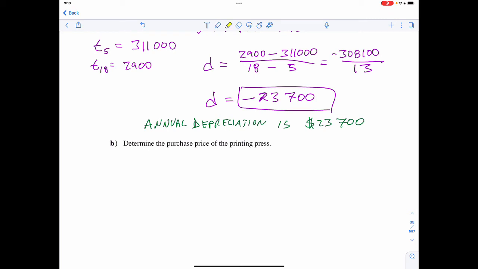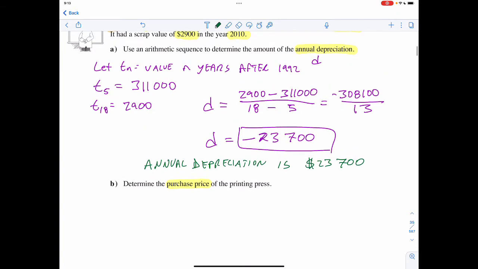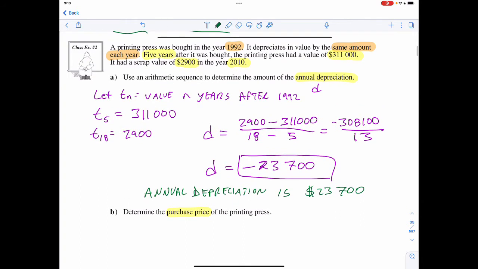When it says determine the purchase price of the printing press, then if after 5 years, or in 1997, it was worth $311,000, I can use this to work backwards to find what it was in the first year.